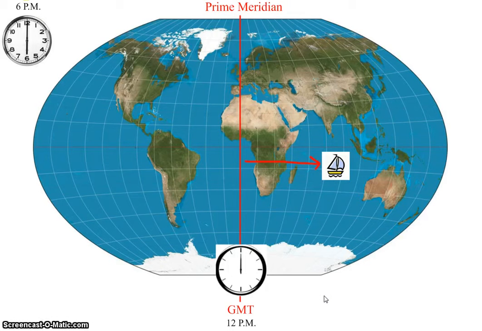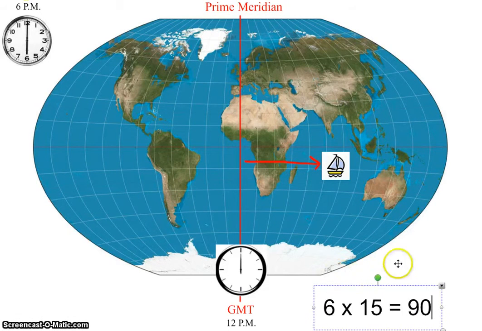Well, from noon to 6 p.m. is a 6-hour difference. So we're 6 time zones apart. Every time zone is 15 degrees. So 6 times 15 is 90. And we've already determined that we are to the east because we're ahead. So the longitude of the ship is 90 degrees to the east.